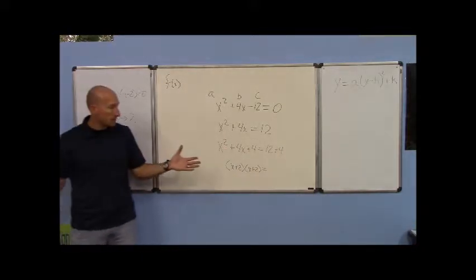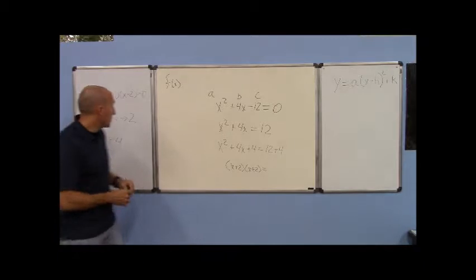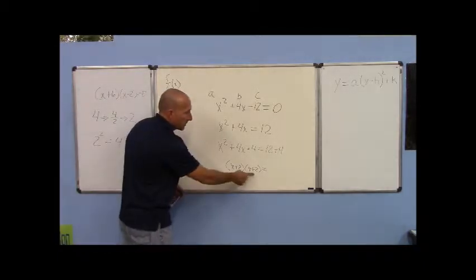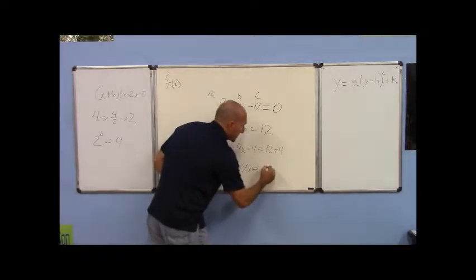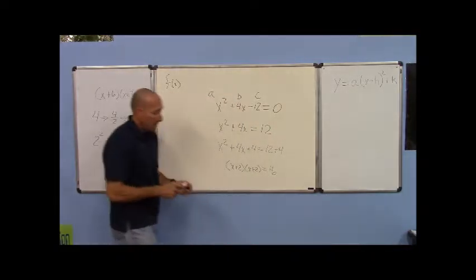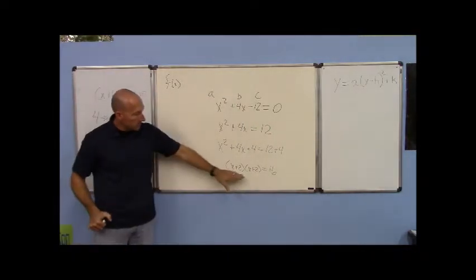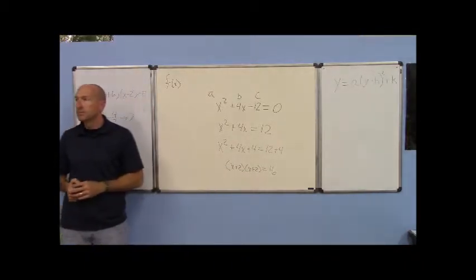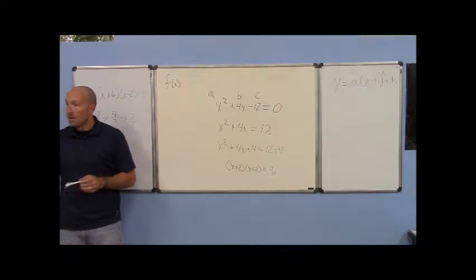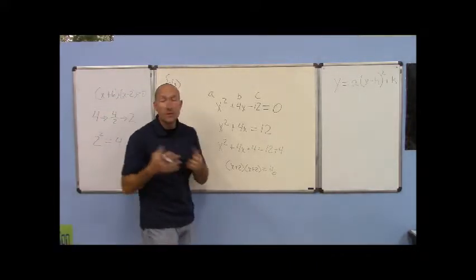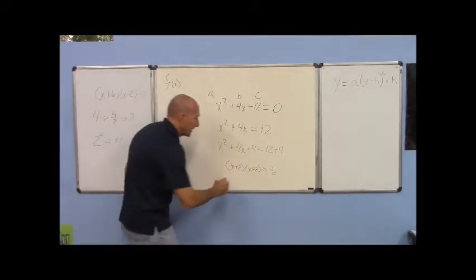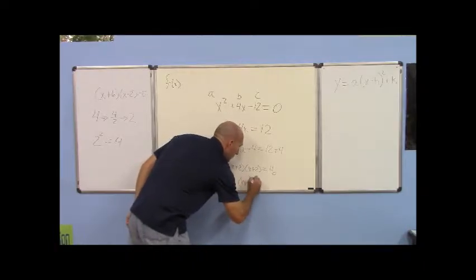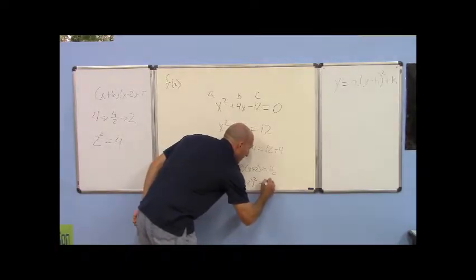Since half of that number was 2, it's going to be x plus 2 times x plus 2, and that will equal 16. What is another way to say x plus 2 times x plus 2? x plus 2 squared. Very good, which is the whole reason why we're doing this, to get to x plus 2 squared equals 16.